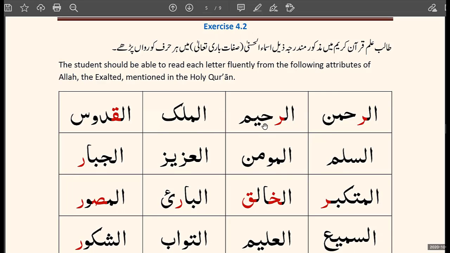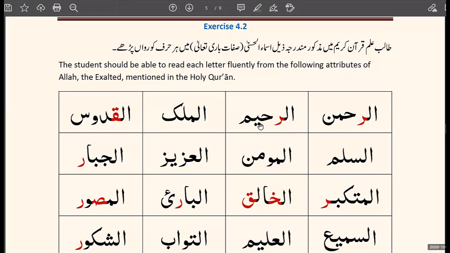Ha, Ha, Ya, Mim, Alif, Lam, Mim, Alif, Kaf, Dal, Alif, Lam, Qaf, Dal, Alif, Waw, yeah. Lam, Alif, Lam, Qaf, Dal, Waw, Sin, Okay, next line as well.